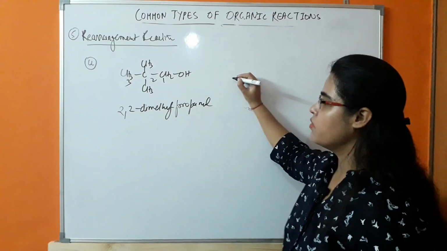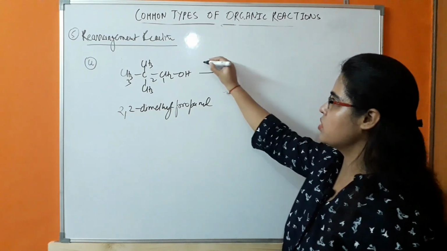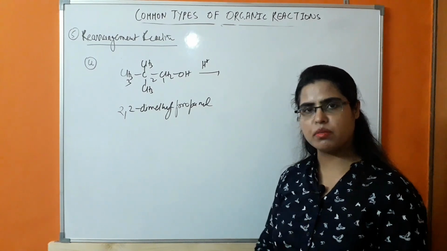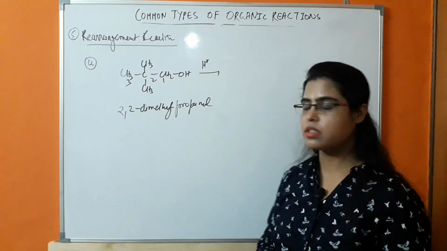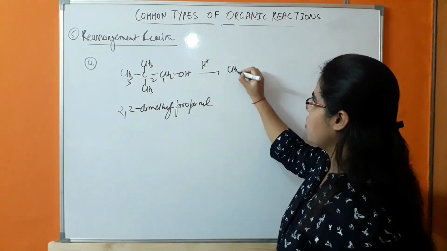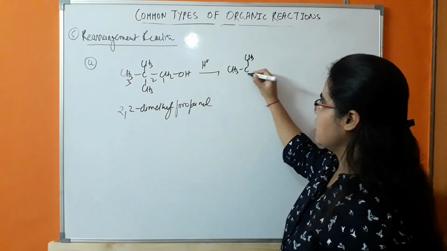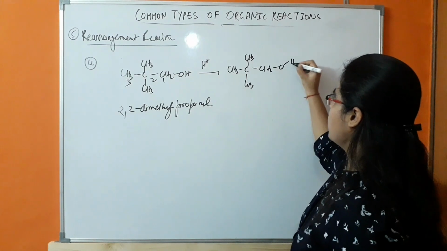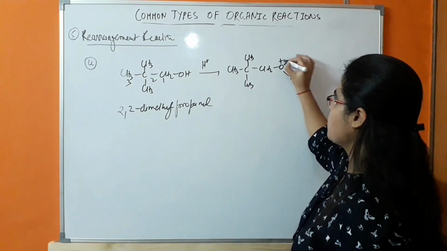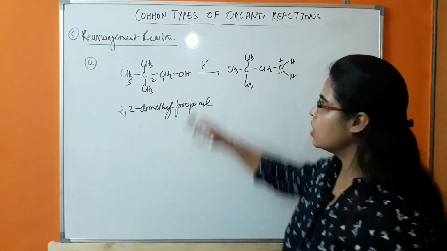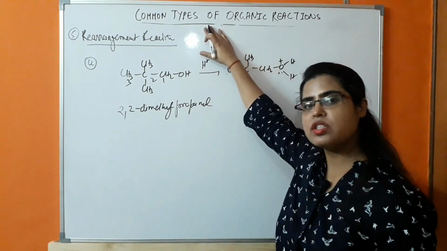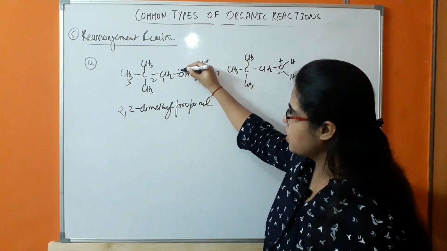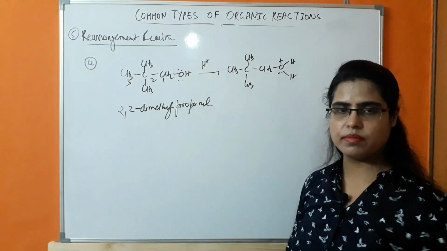In this case, the reaction is occurring in the presence of some acid which is furnishing H plus. Then there will be a formation of (CH3)3C CH2 OH2 plus. There will be positive charge on this oxygen. This H plus furnished by some acid will attack on the lone pair of this oxygen.